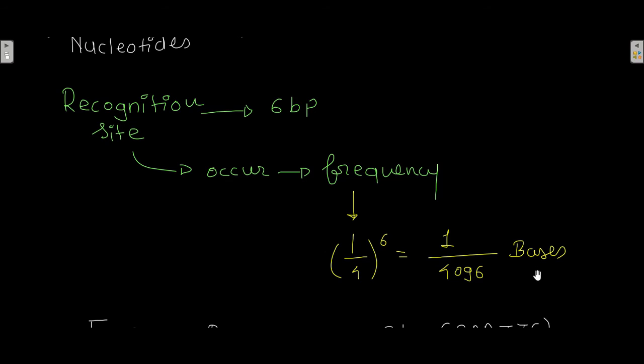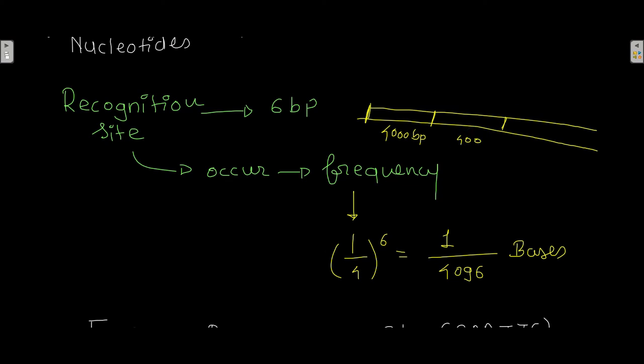It means that if this is your DNA molecule and this fragment is made up of about 4000 base pairs, then at each 4000 base pairs you will have one recognition site made up of 6 base pairs. Okay, that is what it means.